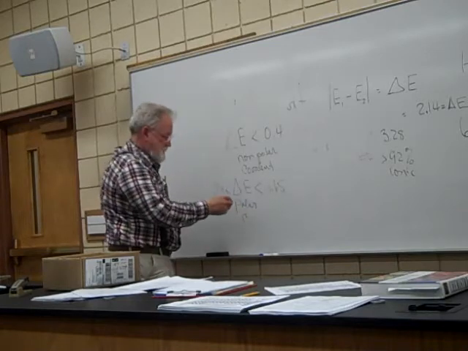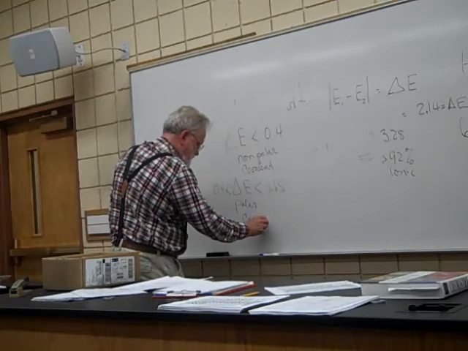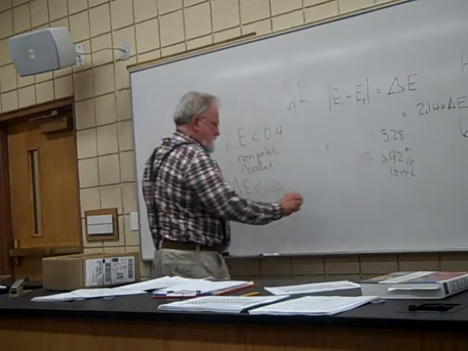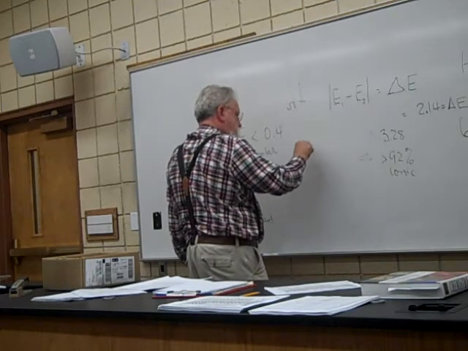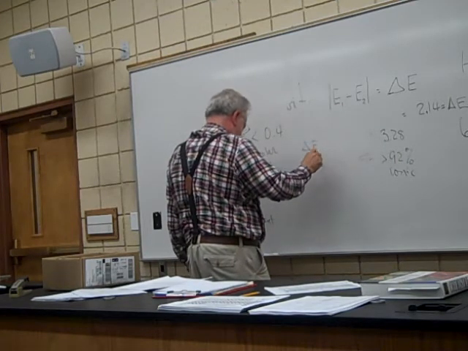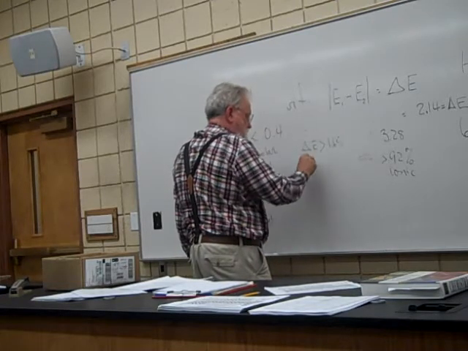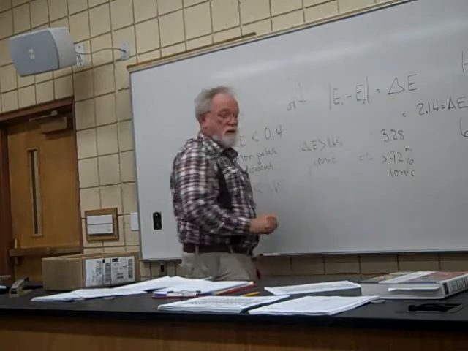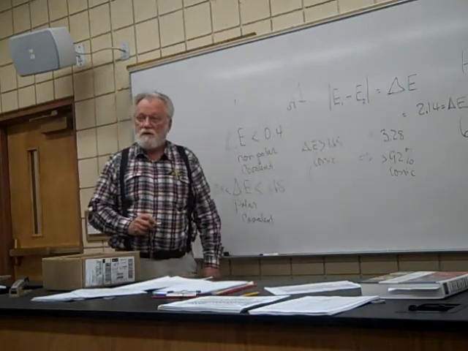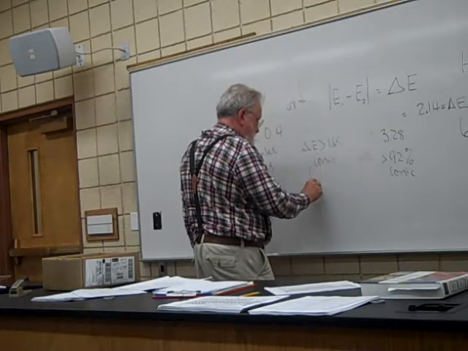I'll come back to what this means in just seconds. And then for delta E greater than 1.65, these are ionic. And all ionic bonds are polar. All ionic bonds are polar. So we would call this polar.